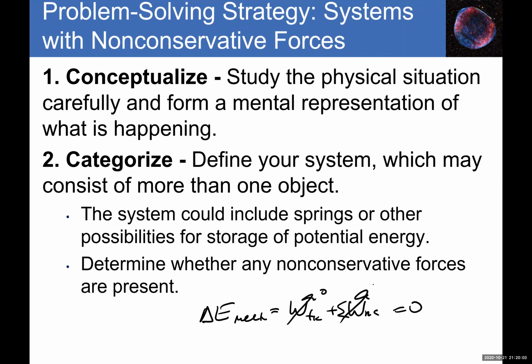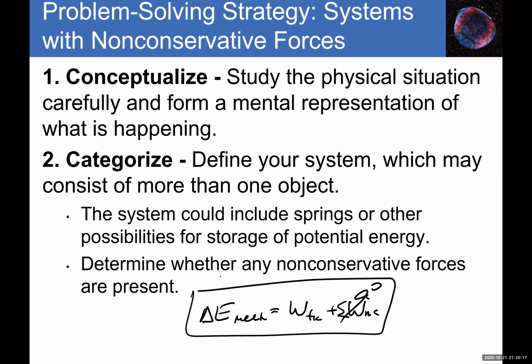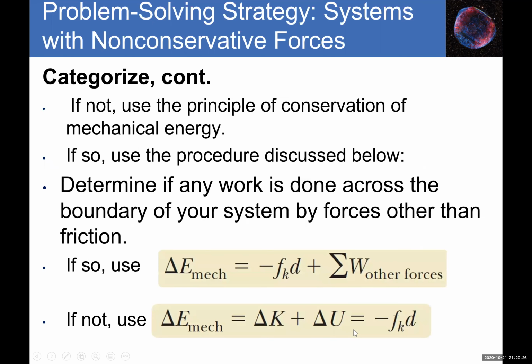If this is zero, but let's say there's friction, then mechanical energy will change by the same amount as the work done by the friction. If you have friction plus other things, then you have that giant equation where you can take everything into account. So you have to take everything into account depending on what you have.